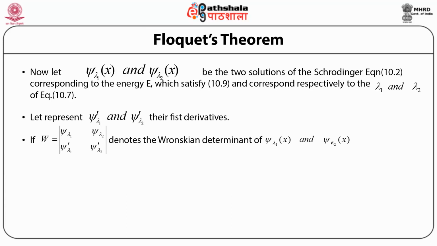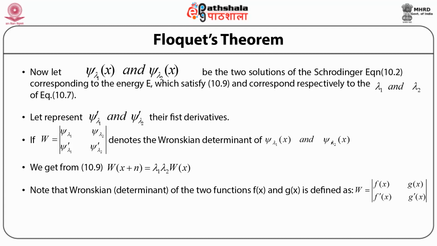If W is equal to the determinant of psi lambda 1, psi lambda 2 and the second row psi lambda 1 prime and psi lambda 2 prime denotes the Wronskian determinant of psi lambda 1 of x and psi lambda 2 of x, we get from equation 9 W of x plus n is equal to lambda 1 into lambda 2 into W of x.